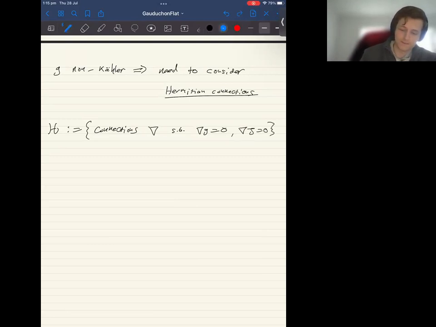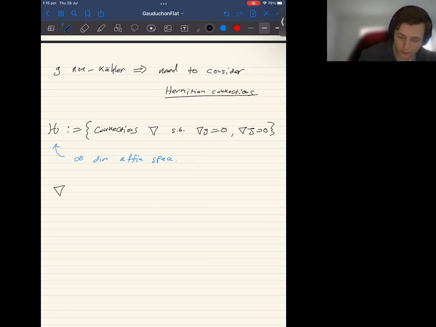Okay. So in general, this doesn't nail down the connection quite like the conditions for the Levi-Civita connection do. This is actually an infinite dimensional affine space. Okay, so it's modeled on some tensor space. The difference between any two of these connections is some tensor.